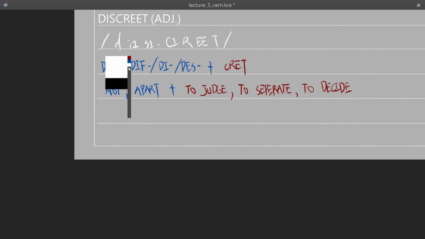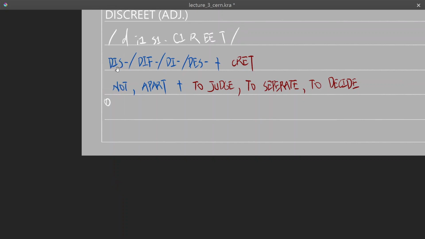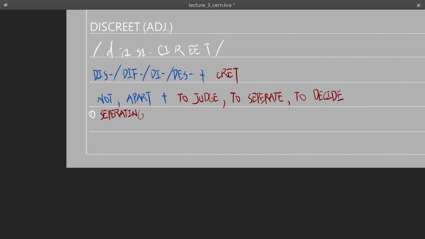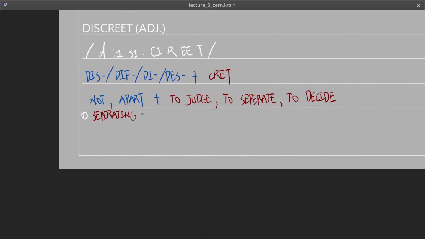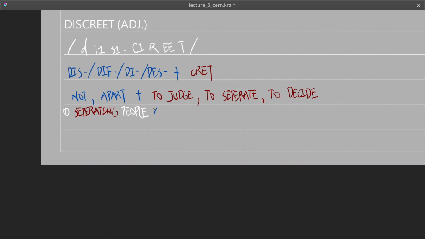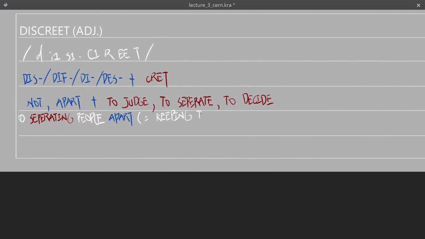We have two meanings. The first one literally means separated, separating people, specifically separating people apart, keeping the distance.